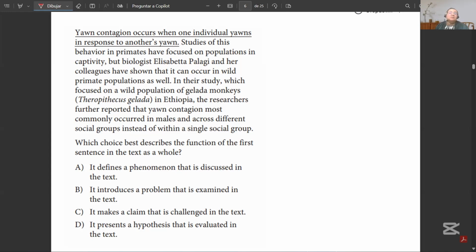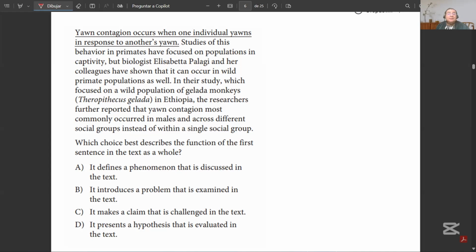Yawn contagion occurs when one individual yawns in response to another's yawn. Studies of this behavior in primates have focused on populations in captivity, but biologist Elisabetta Palagi and her colleagues have shown that it can occur in wild primate populations as well.